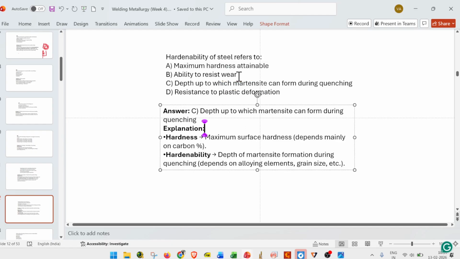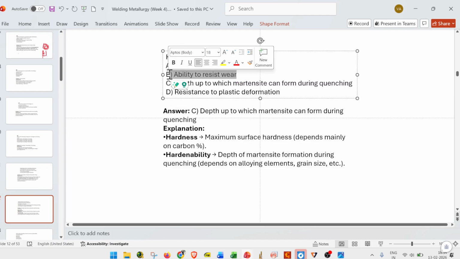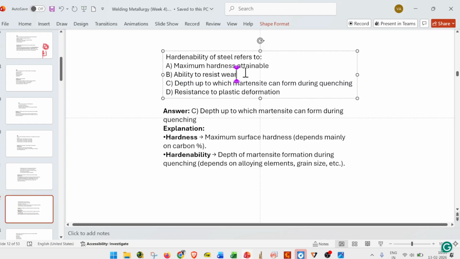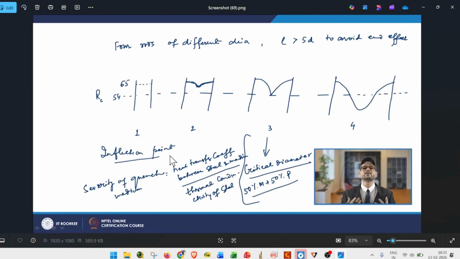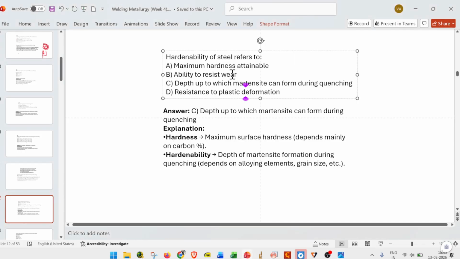Ability to resist wear, once we have the hardness, we can say it is wear resistance, but it is not hardenability. Maximum hardness obtained, no. The depth to which we can retain martensite is what gives hardenability. And resistance to plastic deformation is called strength.